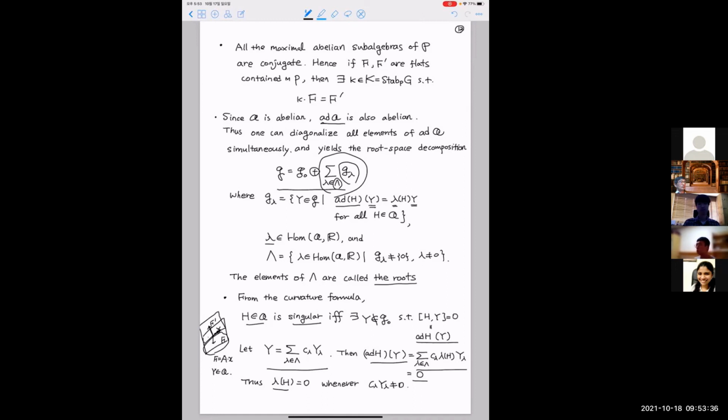That means that if H is singular, then lambda of H is 0 for some root lambda. So that gives us a characterization of a singular geodesic.